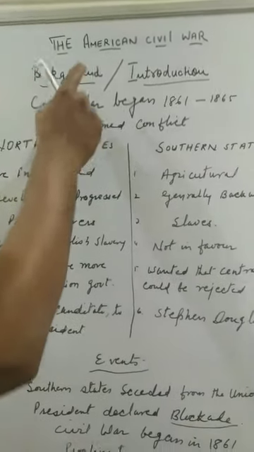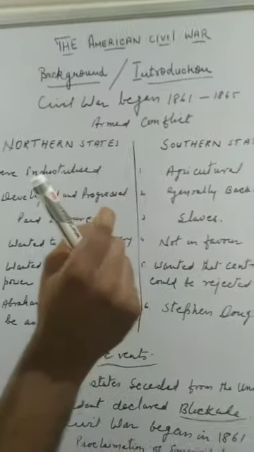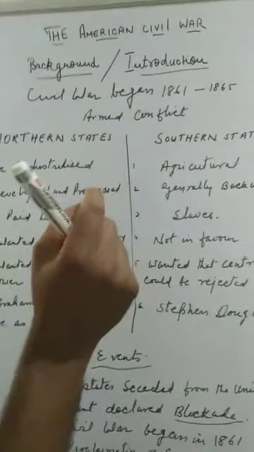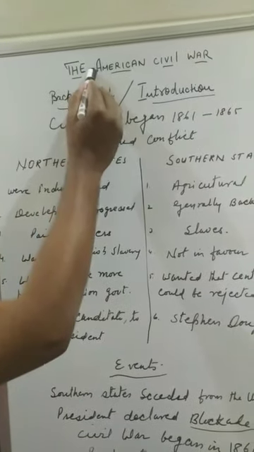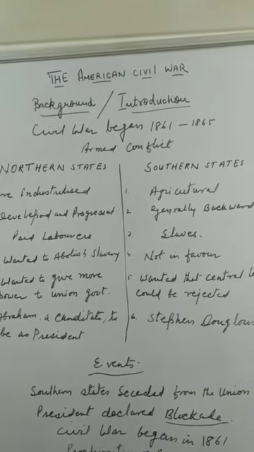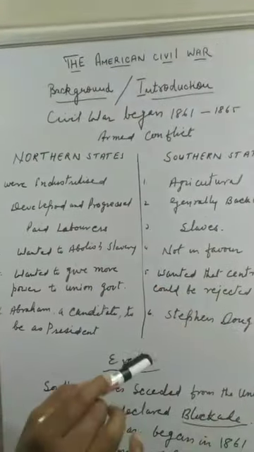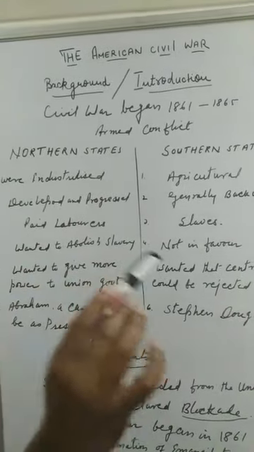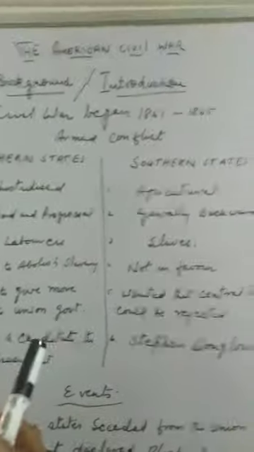So students, I told you in the last chapter, chapter 2, that when Americans got independence from the Britishers, they formed a loose kind of confederacy. I mentioned this in my lecture. What is a loose kind of confederacy?